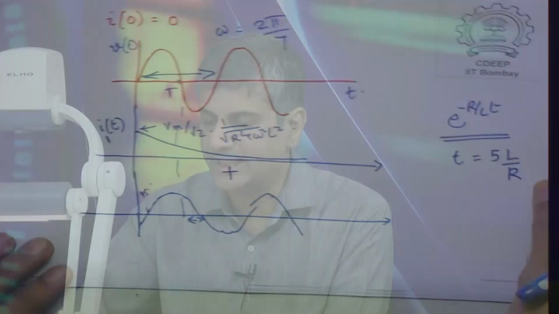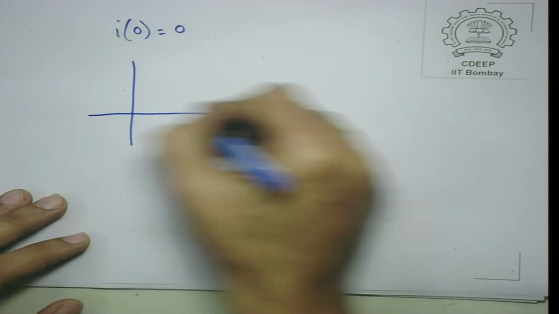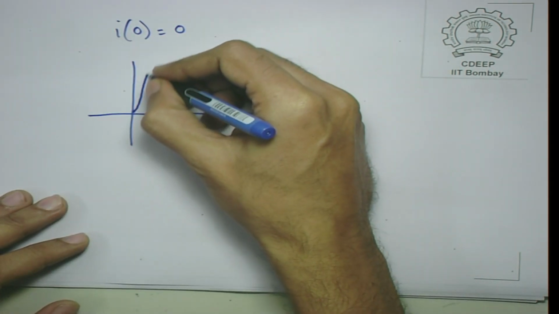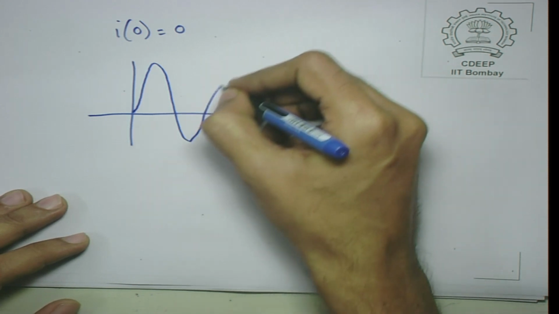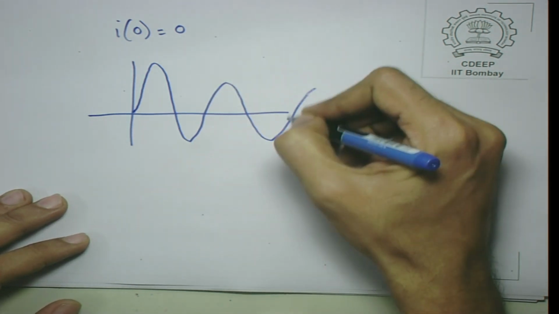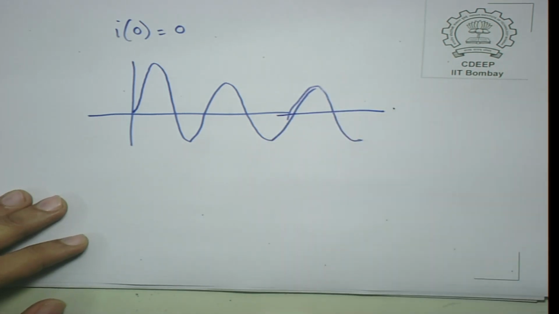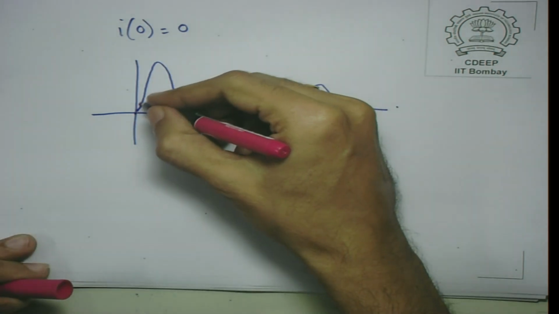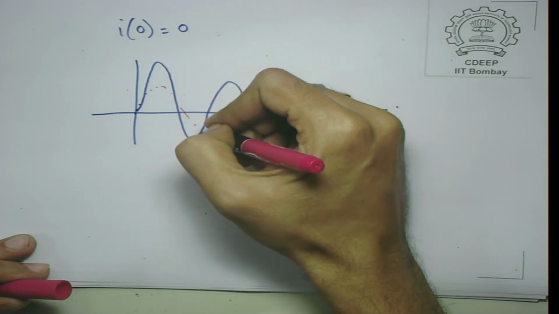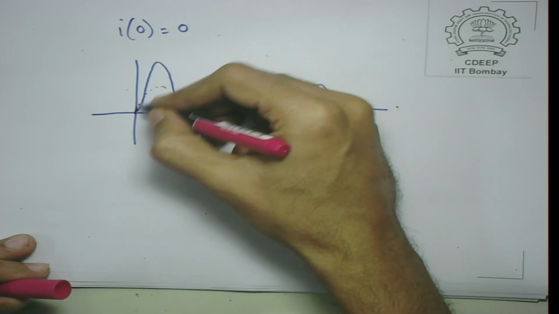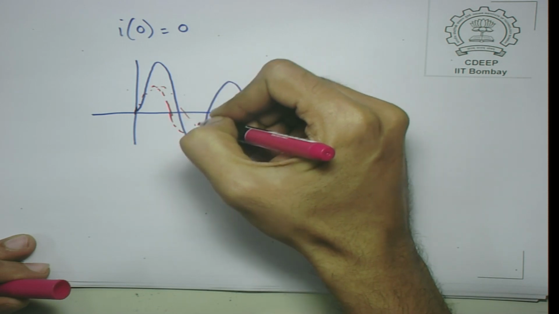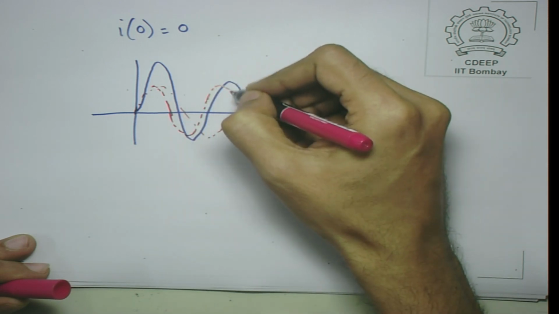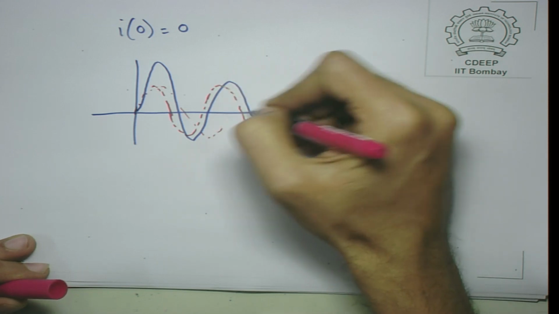So, if I 0 is equal to 0, you will find that your current is in fact having a DC offset and it decays, and then you come into sinusoidal steady state, and the voltage of course is like this, and you will find the current is lagging by this angle phi.